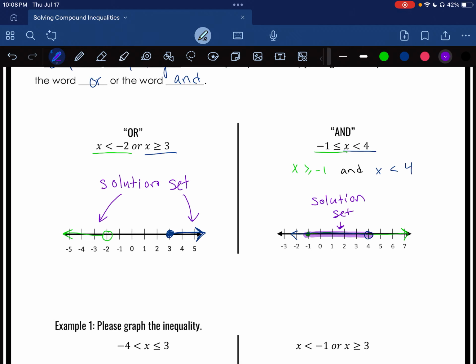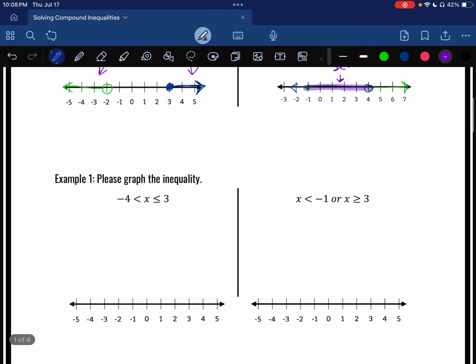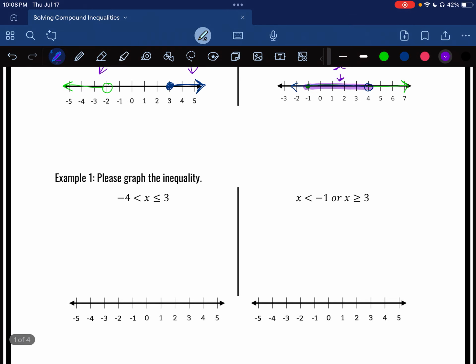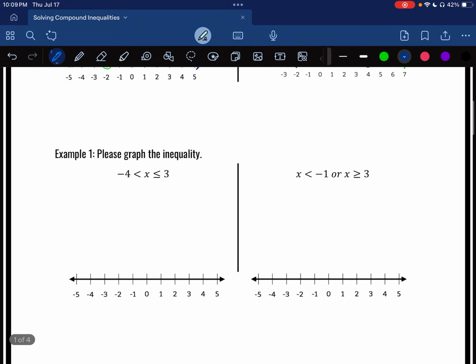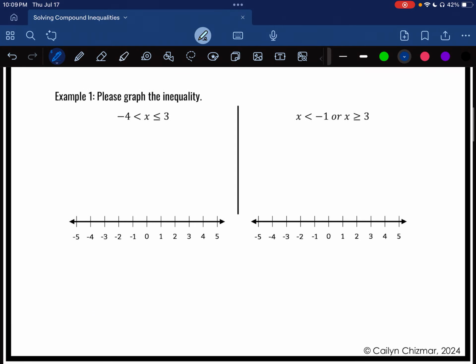All right, so let's look at some problems. So this first one is that little sandwich, and it's got two statements attached to it. So this first one looks like negative 4 is less than x.